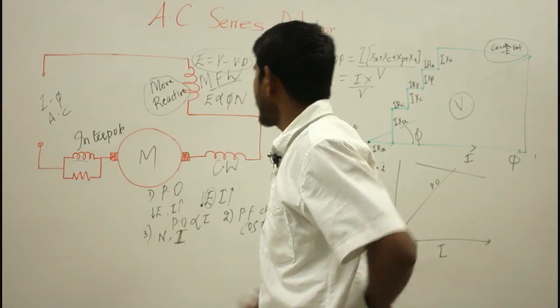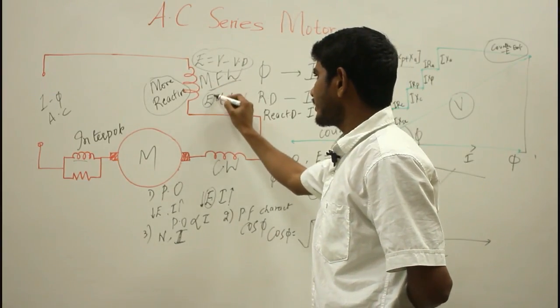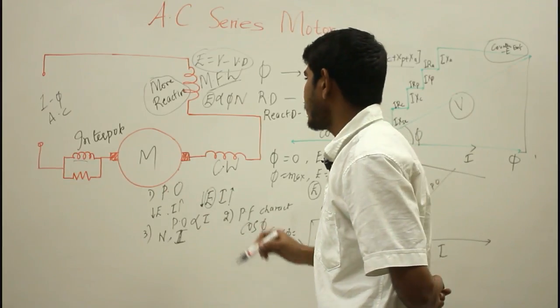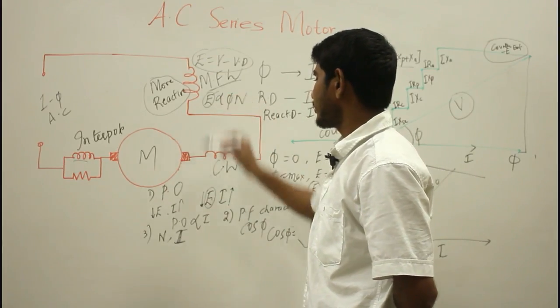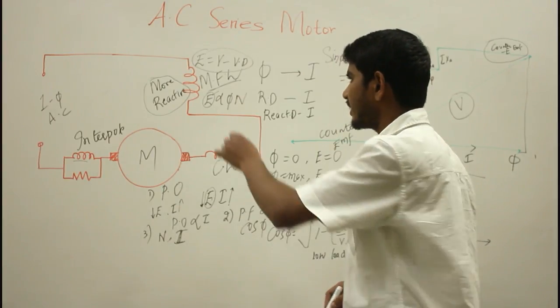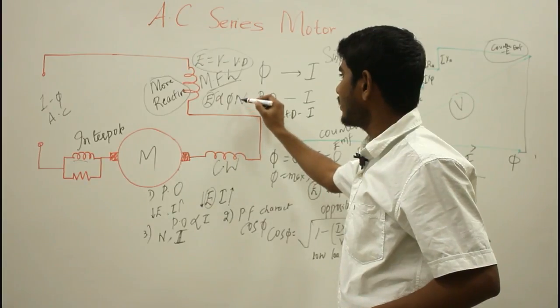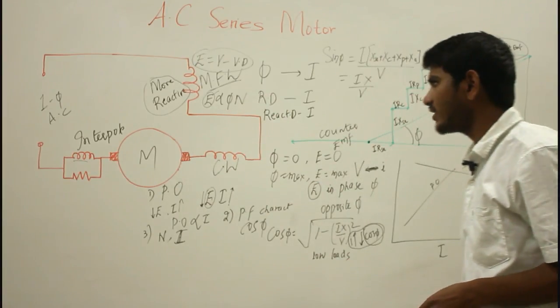So as you witness here, on applying the single phase AC supply, you are having less EMF compared to the DC system or the DC series motor. That means you are having a drooping characteristic.